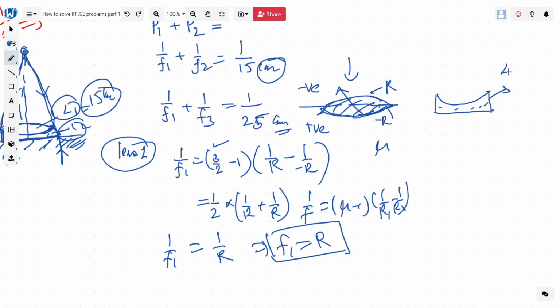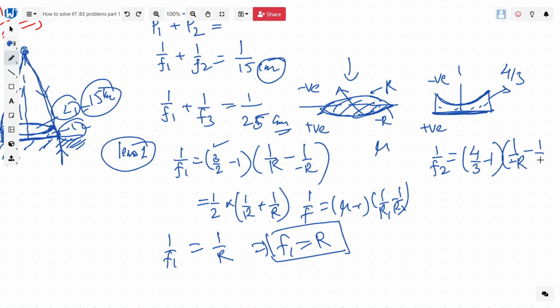It has a refractive index 4 by 3. Here is the negative side, and this is the positive side. So here comes our lens: 1 by f2 is going to be equal to (4 by 3 minus 1) into (1 by r, with r on the negative side, so minus r, minus 1 by infinity).